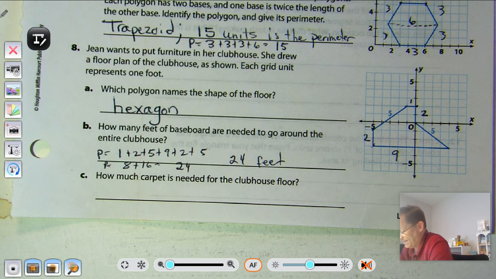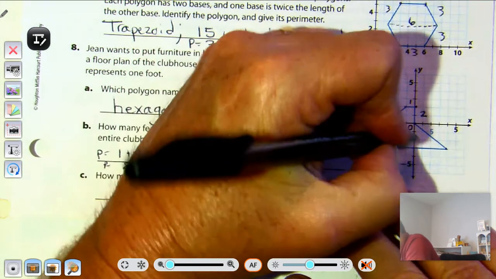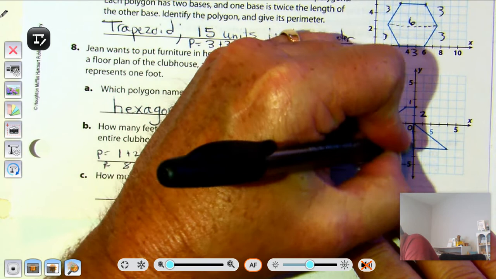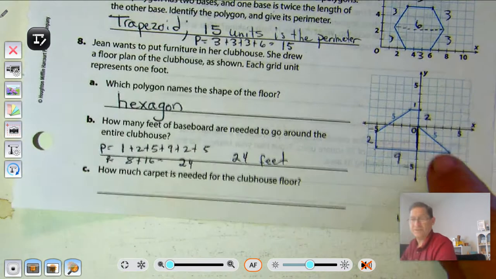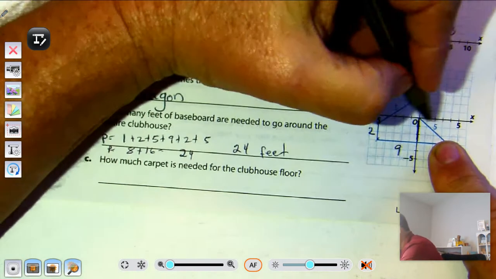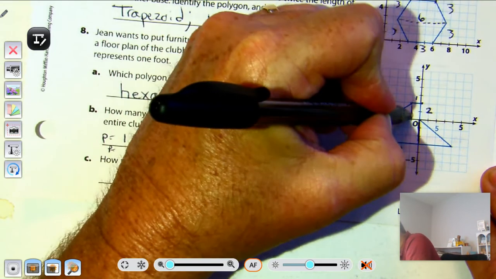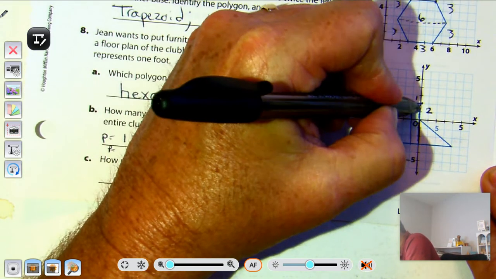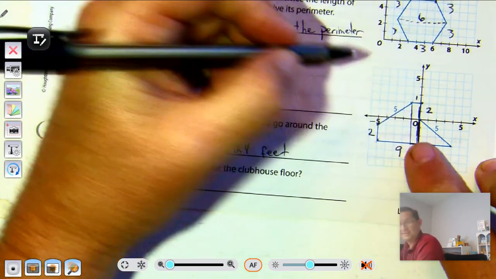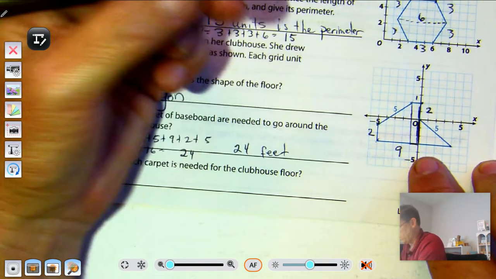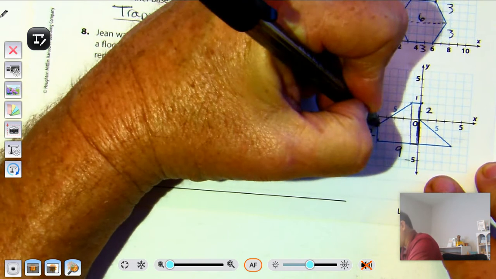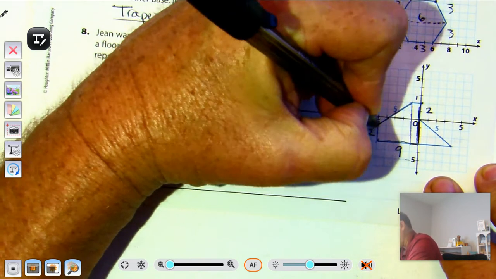How much carpet is needed for the clubhouse floor? Okay, so what shapes can we make? I think I can, let's see. I have this triangle. I could have this rectangle. Okay, this skinny, tall rectangle. And then the rest, this other one could be a trapezoid.